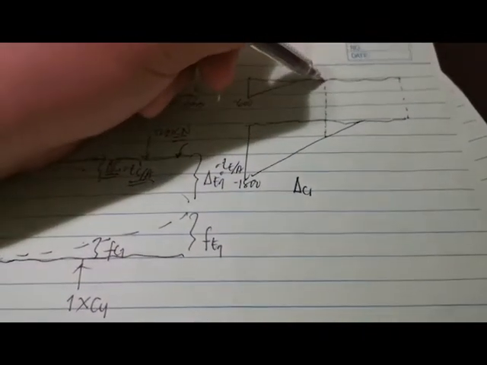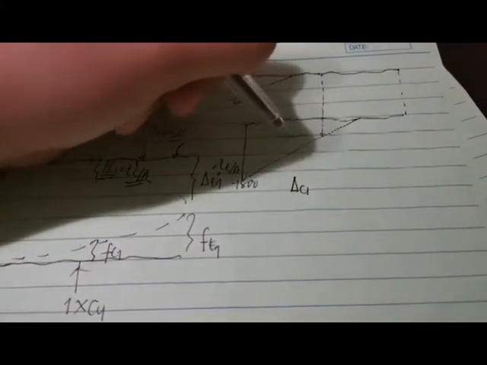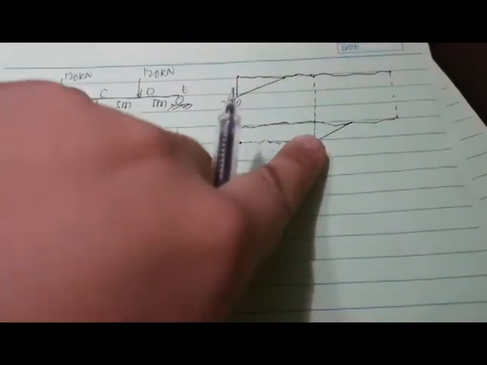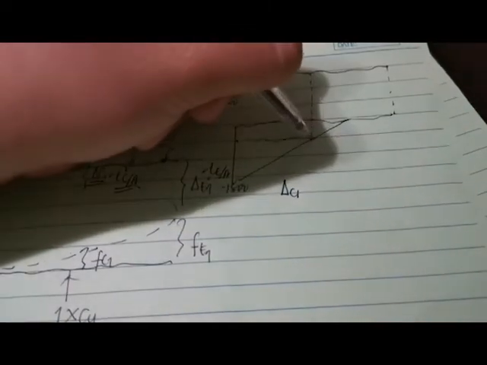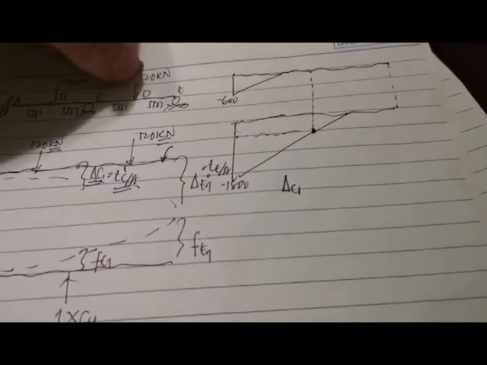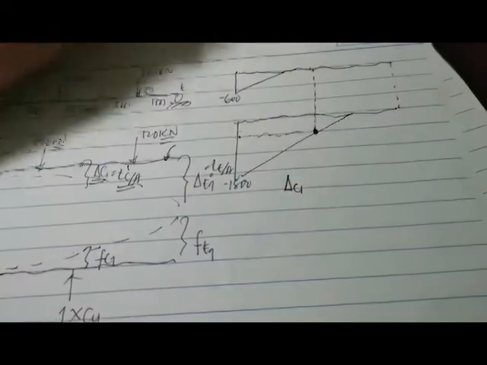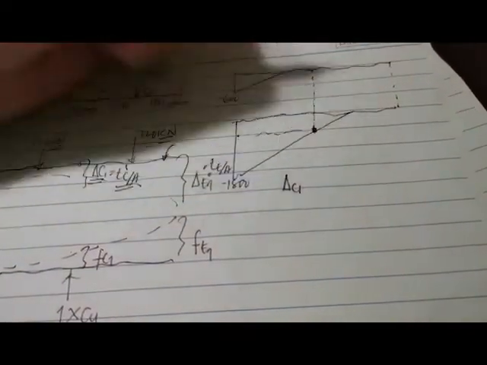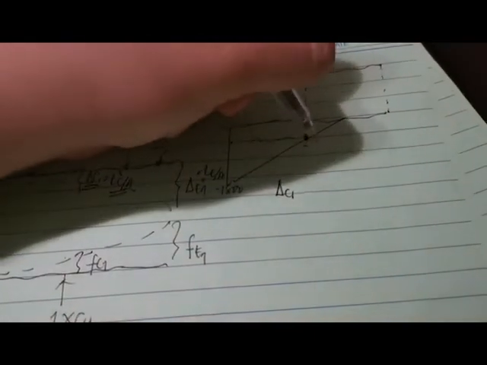Delta C1 is equal to the first moment of area from A to C, with respect to C. We know that this is a trapezoid, so might as well determine this value. If this is 120, the distance between the support being considered and the concentrated load is 5 meters, I can say that this is also equal to negative 600.